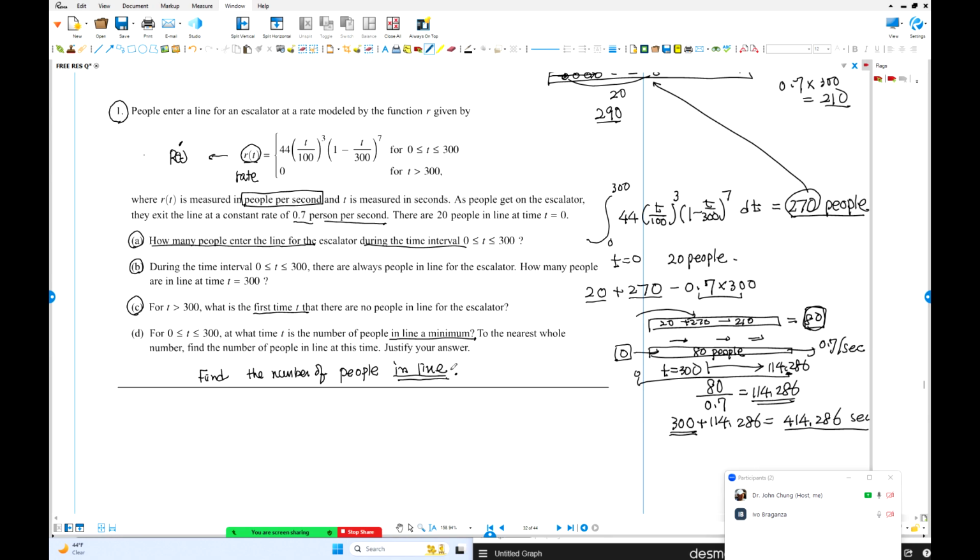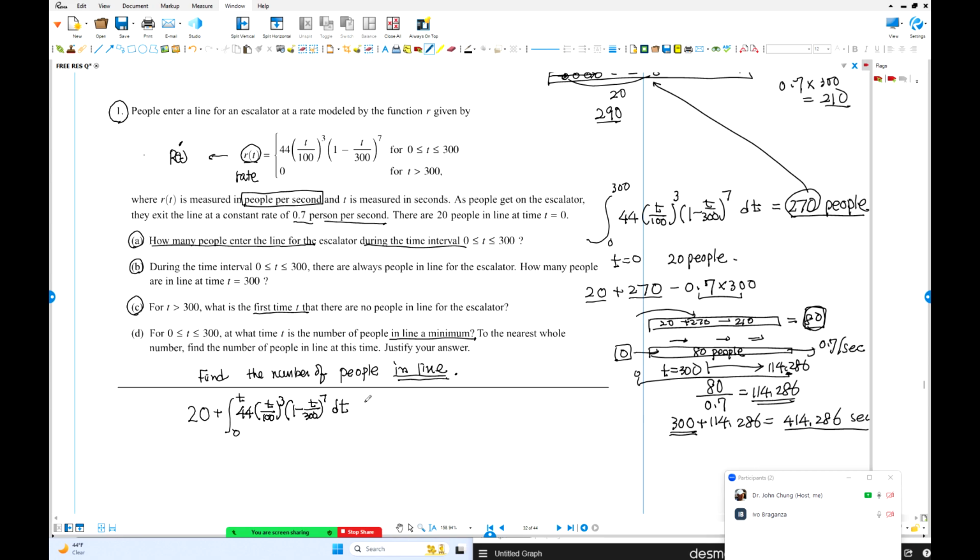Some people are getting in there and some others are out. At the beginning, it was 20 over here, so the total number is 20 plus the integral from 0 to t, where t is now a variable. r(t) is 44t over 100 over 3 times (1 minus t over 300) and 7 dt.